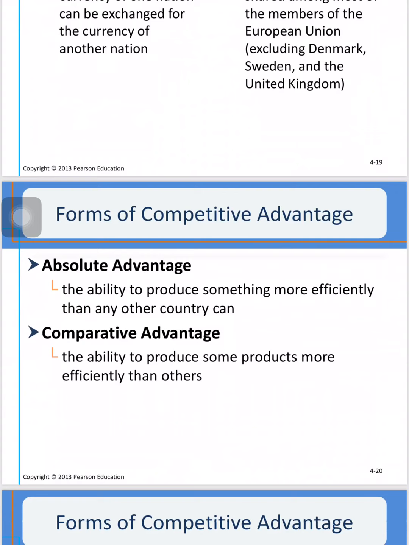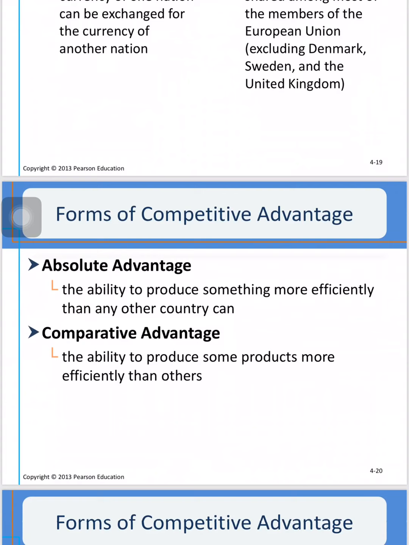Comparative advantage is the ability to produce some product more efficiently than others, which is a different product. A country has a comparative advantage in goods that it can produce more efficiently than other goods.